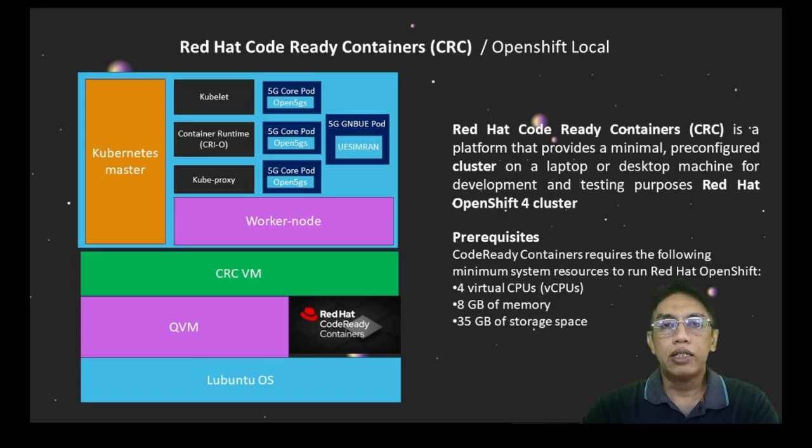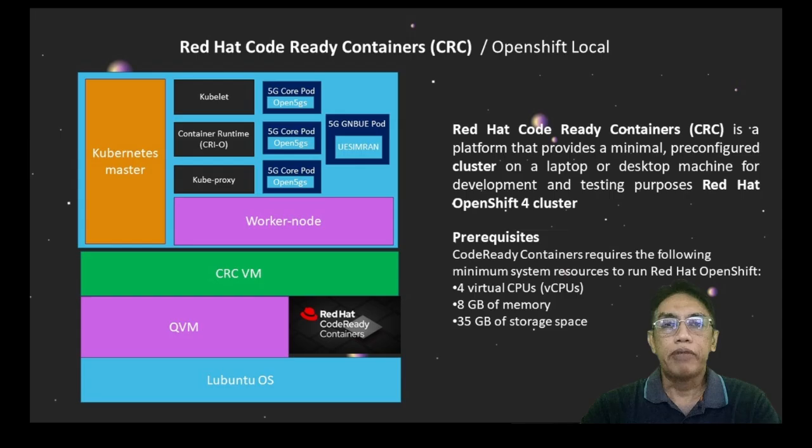Once this CodeReady Containers virtual machine has been created, the CRC will create and set up the single node OpenShift cluster consisting of Kubernetes master node and worker node.